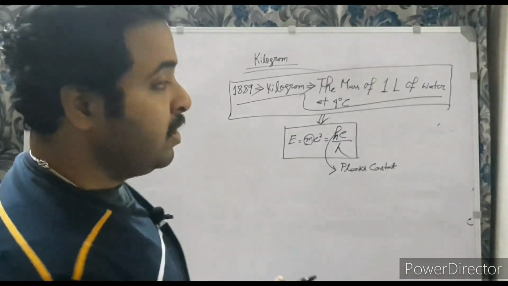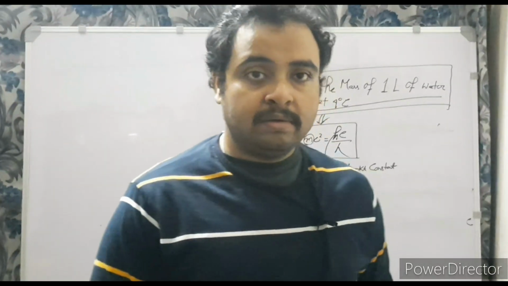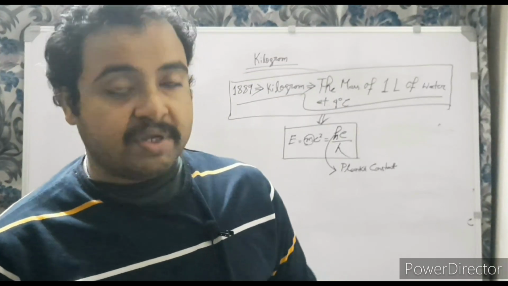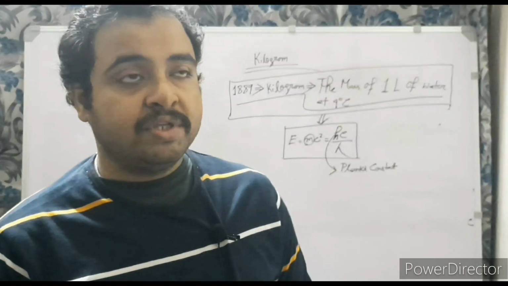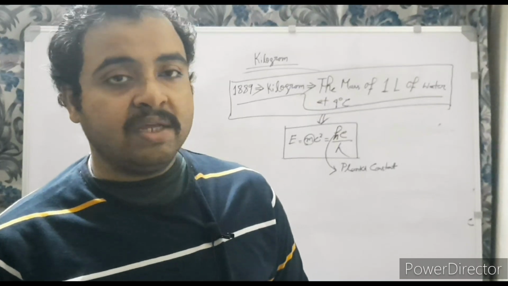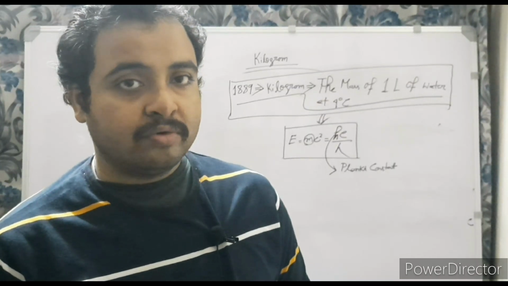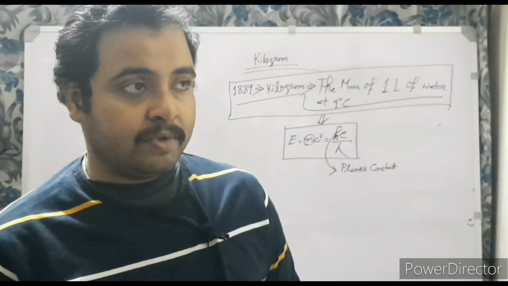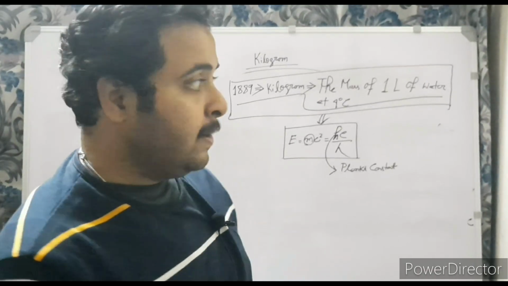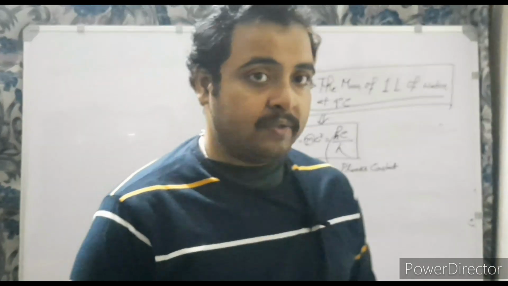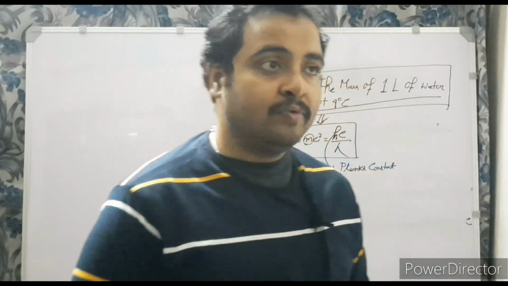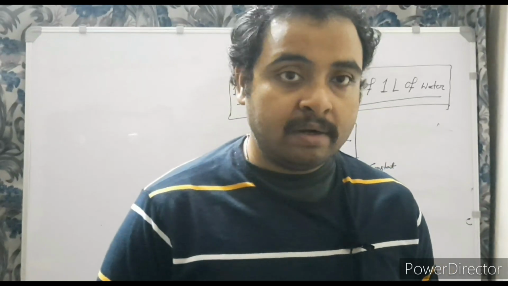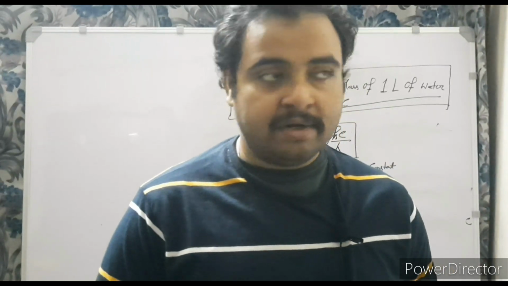So now we will define another measuring unit which is used to measure very small amounts, like on the level of atom. So we will define the atomic mass unit which is used to measure the mass of an atom, right.